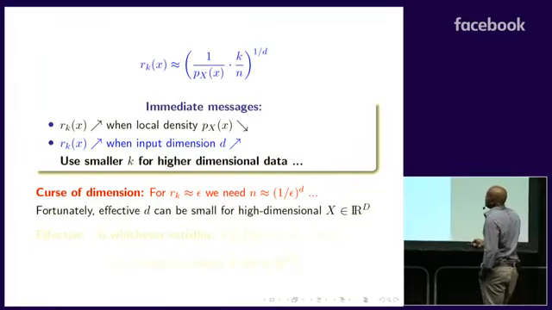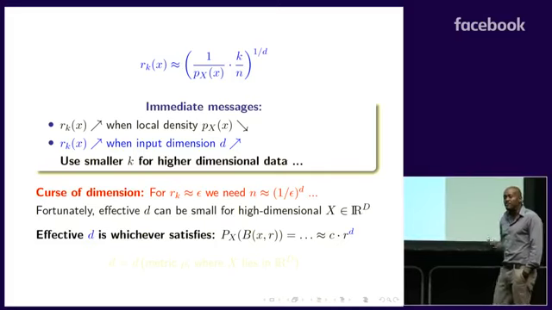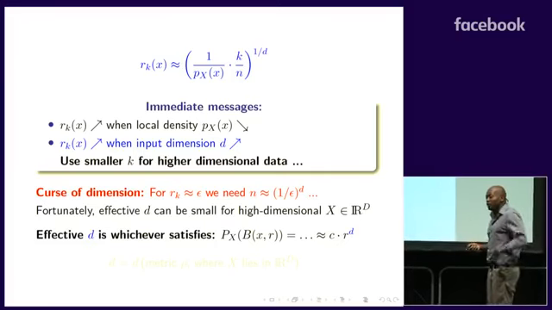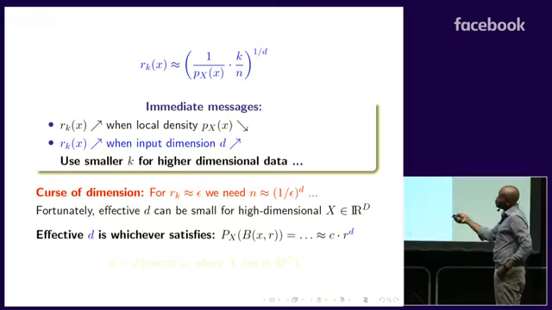So here we'll say essentially that the effective dimension of the space is whichever quantity satisfies an equation of this sort. And it turns out that even if x is in some high dimensional space, the quantity that satisfies an equation of this sort might be much smaller than big D. I'll give some intuition in a second as to why.